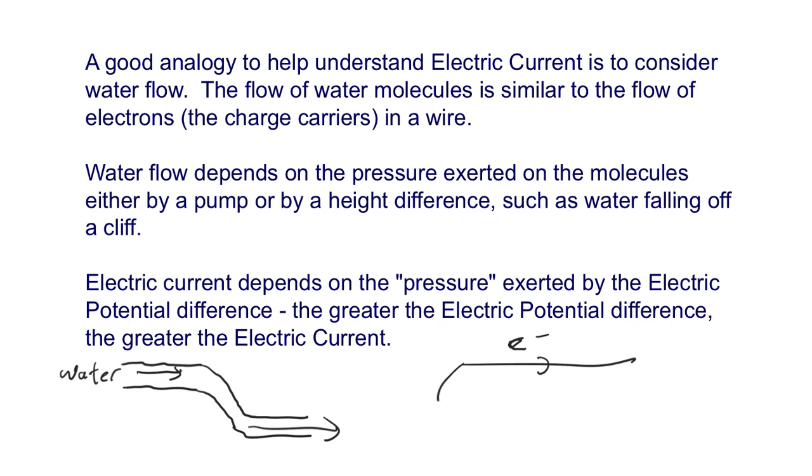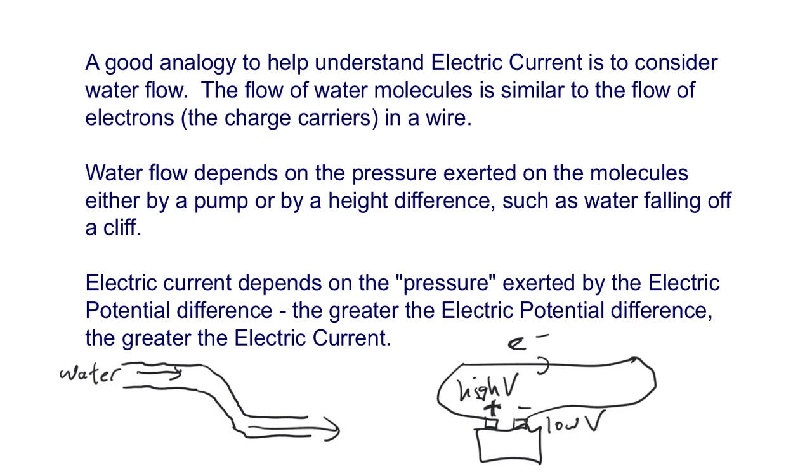Well, when you connect a wire to a battery, here's the terminals of a battery, let's say. This is a high potential, the positive, and the negative is a low potential, actually zero potential.